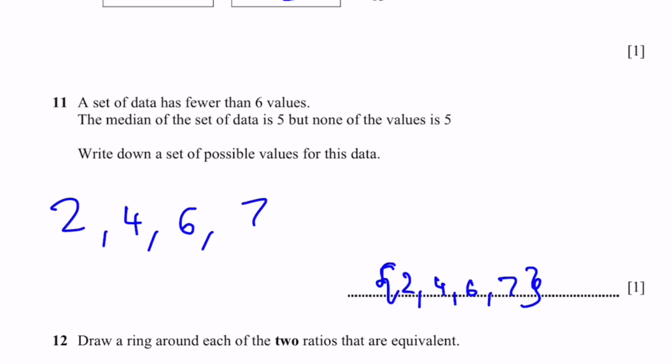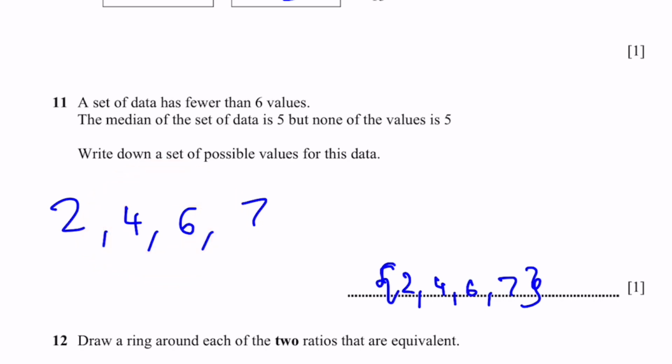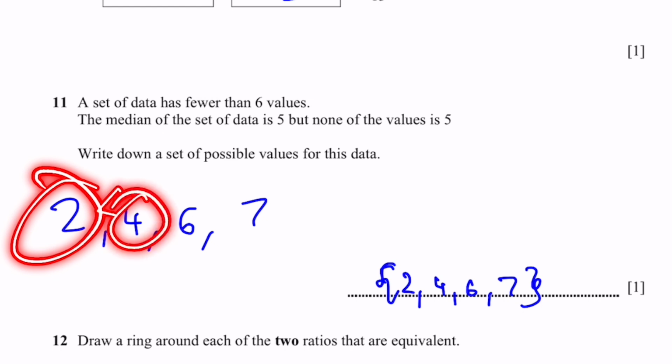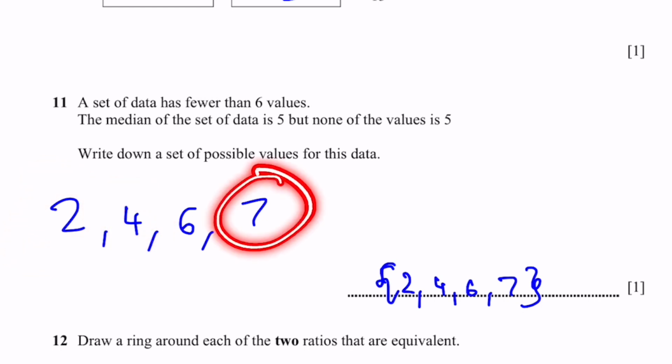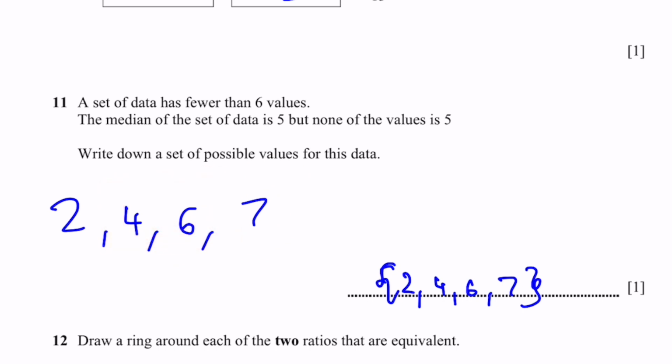That's the answer. For the outside values, it does not have to be 2 and 7 alone. It can be any other values, but this value should be less than the number in the middle, and this value should be greater. These two numbers also don't have to be the same as written already.